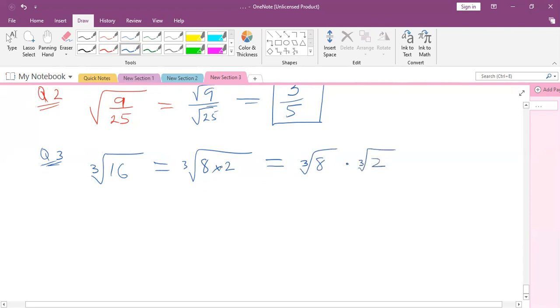We can separate them like this and put them on the same radical with the same index. So the cube root of 8 is 2, since 2 times 2 times 2 is 8. And then I have a cube root of 2, so I just keep it as the cube root of 2. So this will be the answer that you're going to select in a question like this.